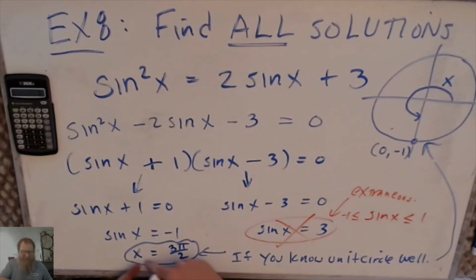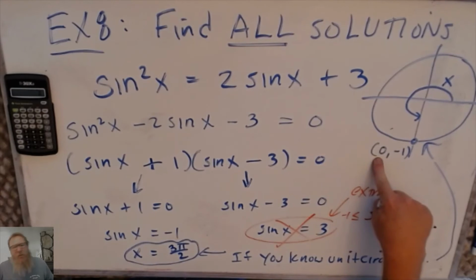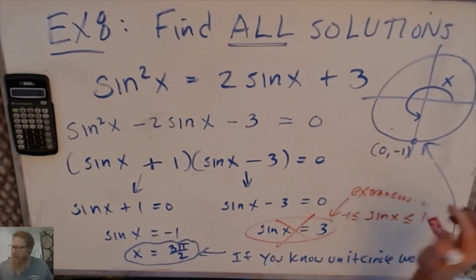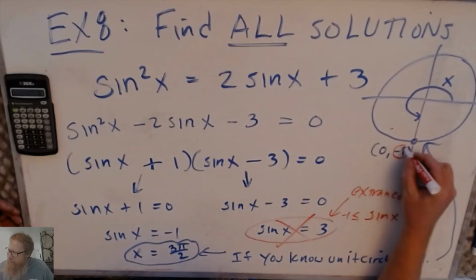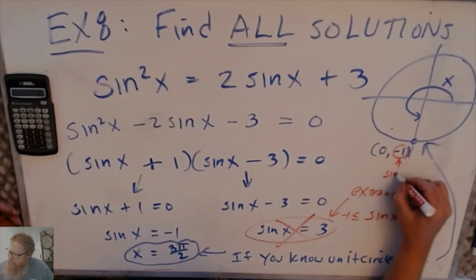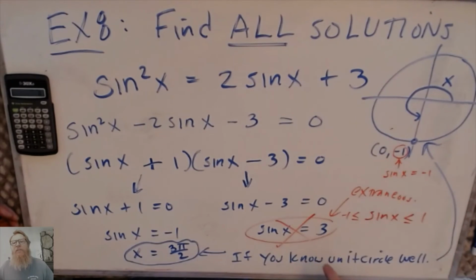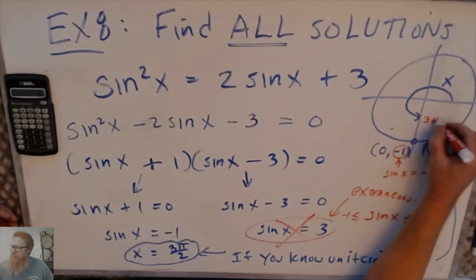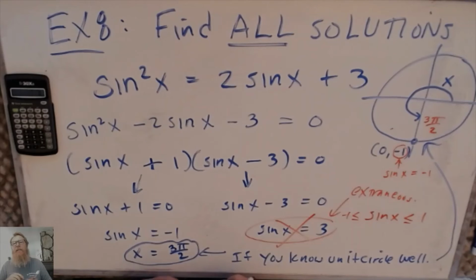We're using x like theta. So technically, you can't call this the x coordinate anymore. You could call it the alpha coordinate or the first coordinate, but in this case, it really doesn't matter. Sine x is the second coordinate, which is negative 1. So this is 3 pi over 2, also known as 270 degrees.